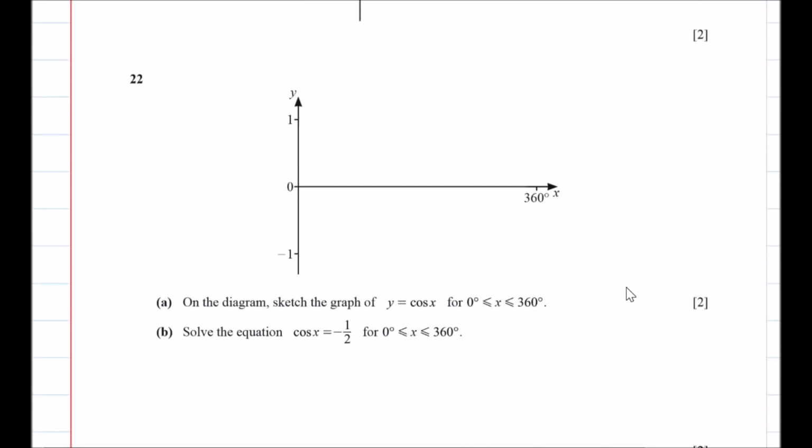Now we have to, on the diagram, sketch the graph of y equal to cos x for x greater than or equal to 0 and less than or equal to 360.